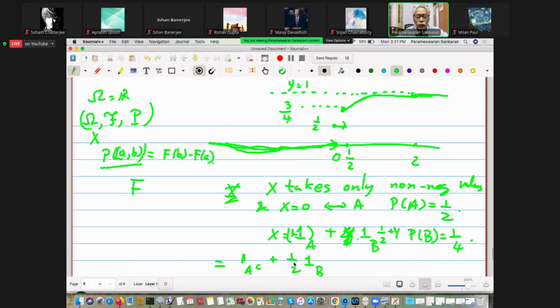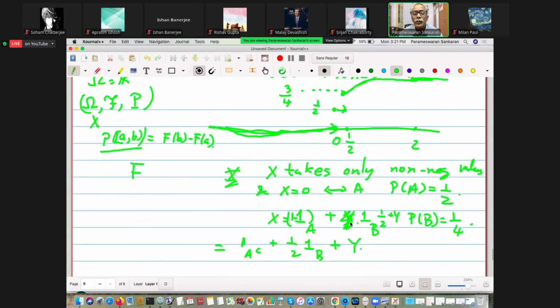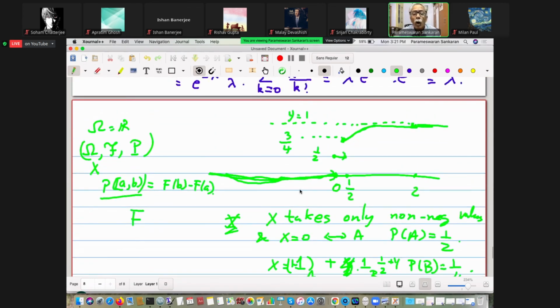If you do this random variable, and then what you do is you have another random variable which takes values which corresponds to actually a density function, more or less. So that density function is 0 up till here, up till half it is 0, and then it assumes this range of values.